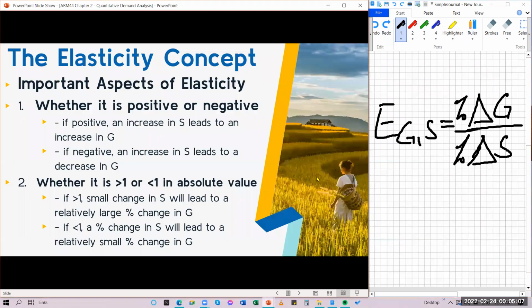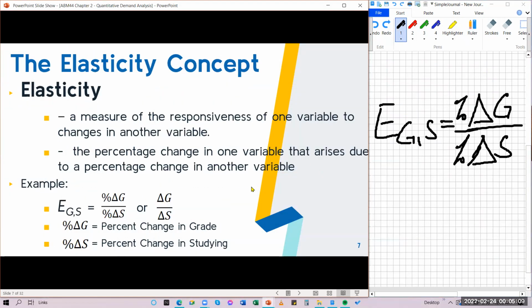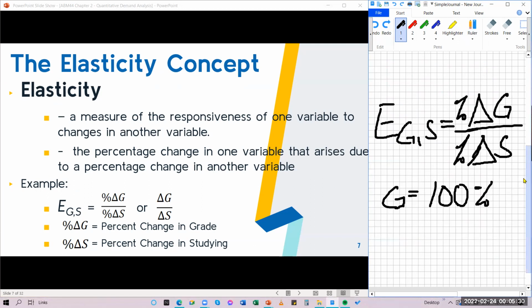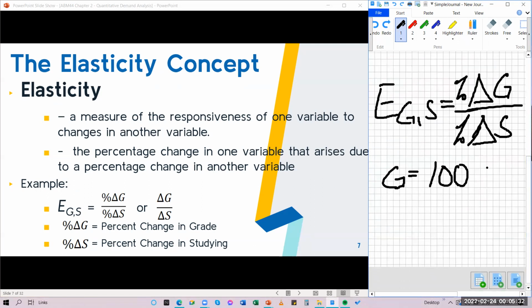So let's solve this formula, but we have many aspects to consider. Let's have an example. What if your expected grade, the grade you want to get, is 100, a perfect grade? Let's not put the percent.